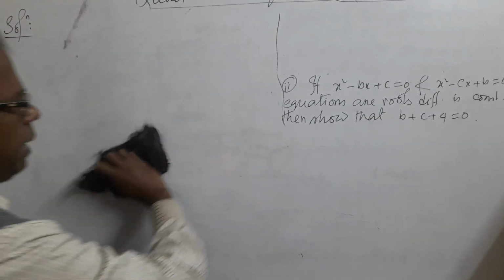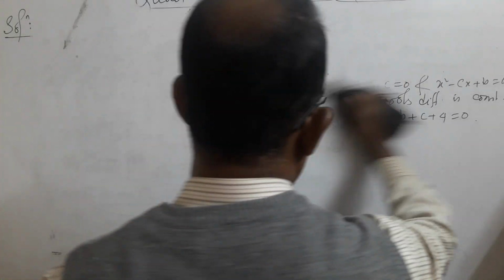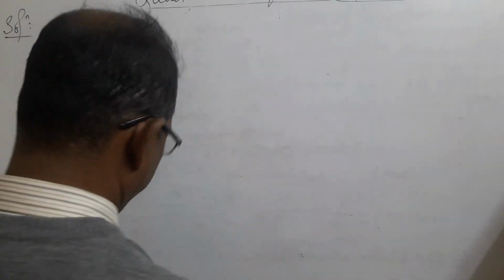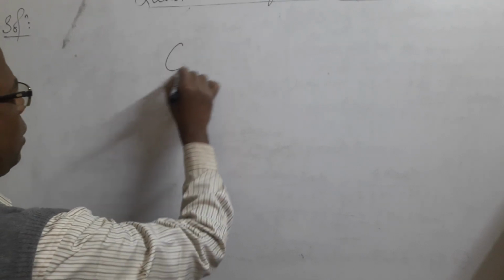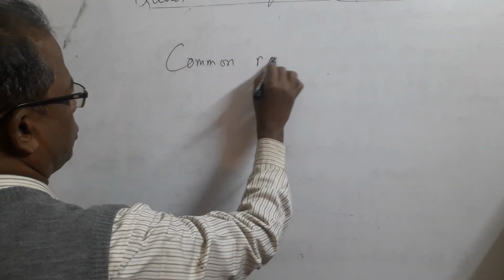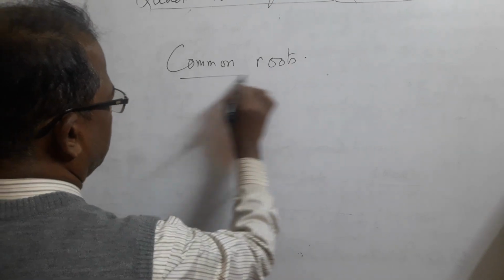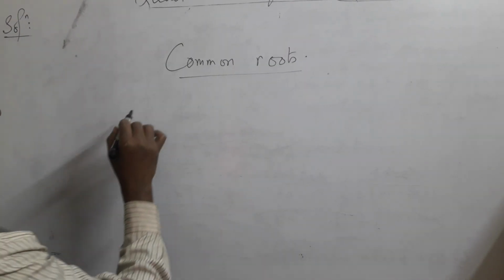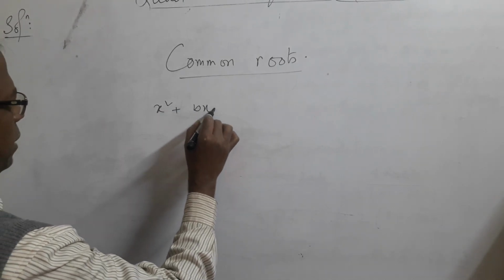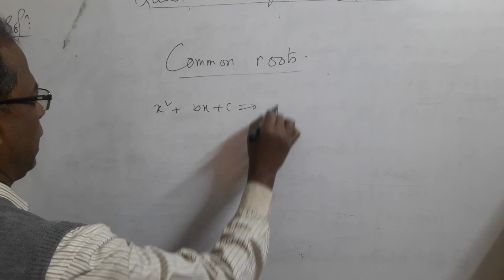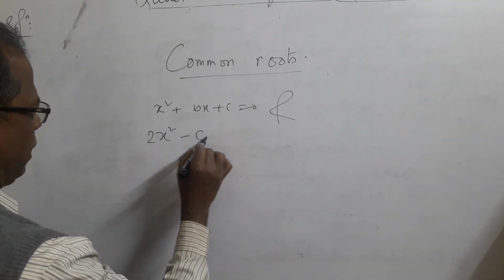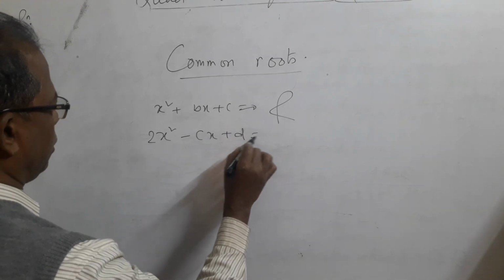And now the discussion of common roots. Common roots means you have two equations, x square plus bx plus c equal 0 and 2x square minus cx plus d equal 0.